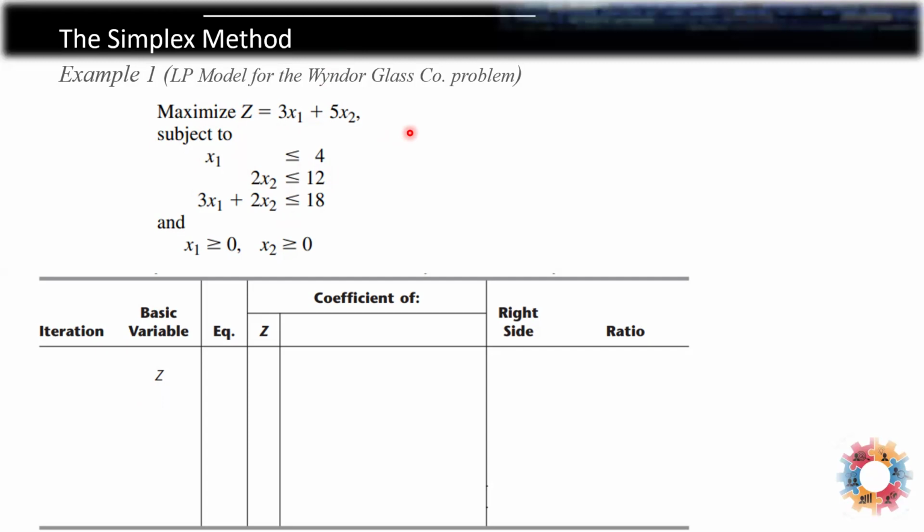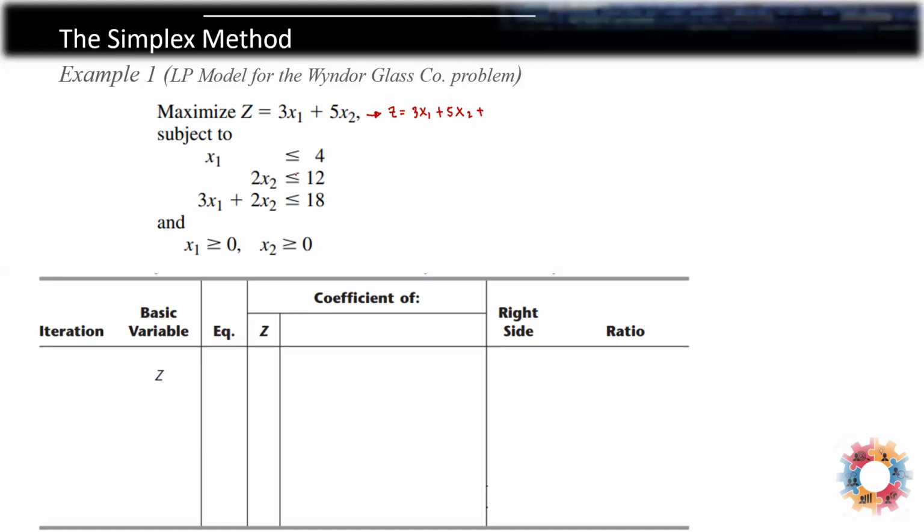So let us set up the initial tableau. First thing you do is to introduce slack variables and write your objective function in the new form. So you'll have z equals 3x1 plus 5x2, then plus slack variables to convert the functional constraints into equations.